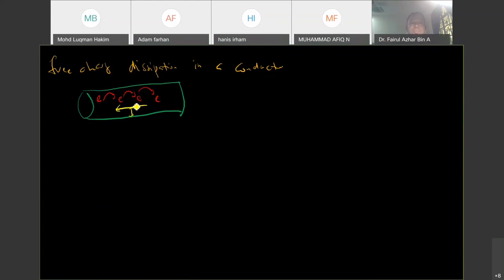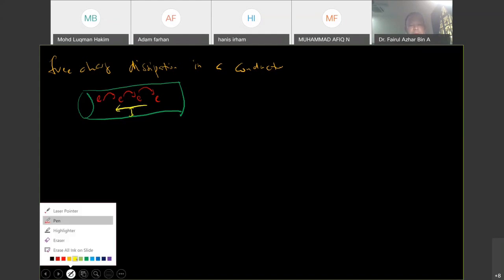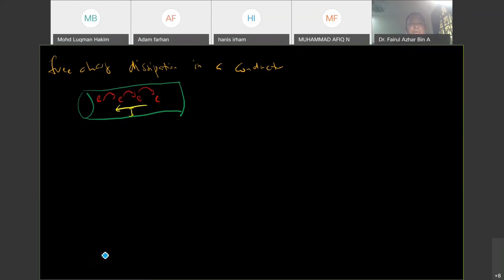Even though the electron is moved from one point to another, we still have the number of electrons the same as the number of protons that exist inside the nucleus. So in this case, we call our conductor electrically neutral.